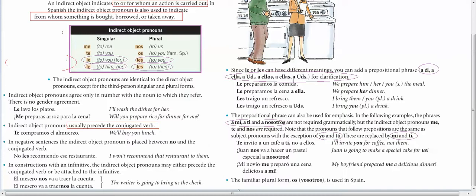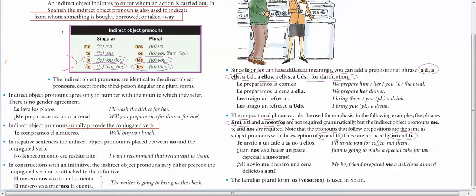So le preparamos la comida could be interpreted as we prepare him the meal, we prepare her the meal, we prepare you the meal. So to make it more clear, you might add an a ella at the end, and then it would be understood that you're preparing her the dinner. Les traigo un refresco, I bring them or you a drink. To make it more clear, you might say les traigo un refresco a ustedes, which means I bring you a drink.